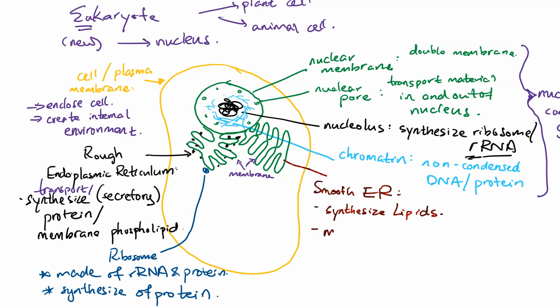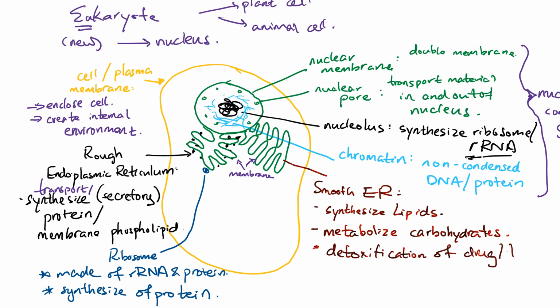They are also important to metabolize carbohydrates, be it catabolically or anabolically. They're also important in the detoxification of drugs or toxins. And they are also important as a storage of calcium ion, which is important in the role of contracting muscle.